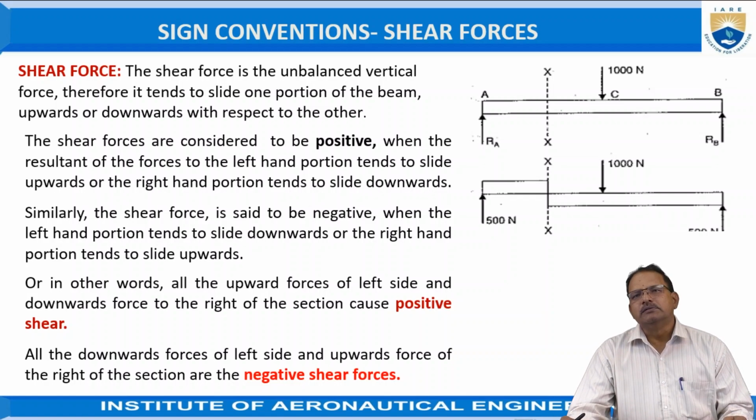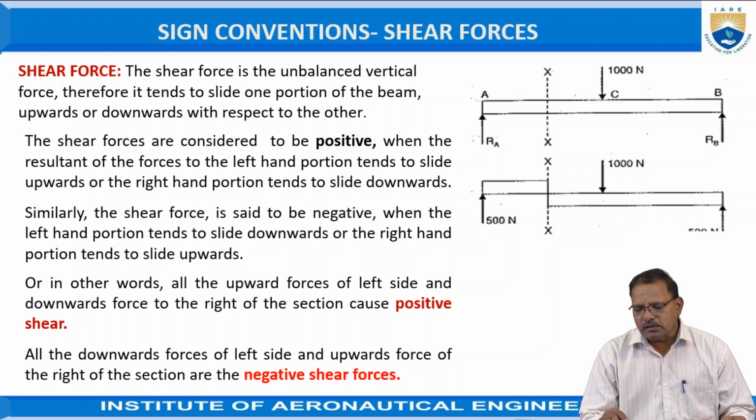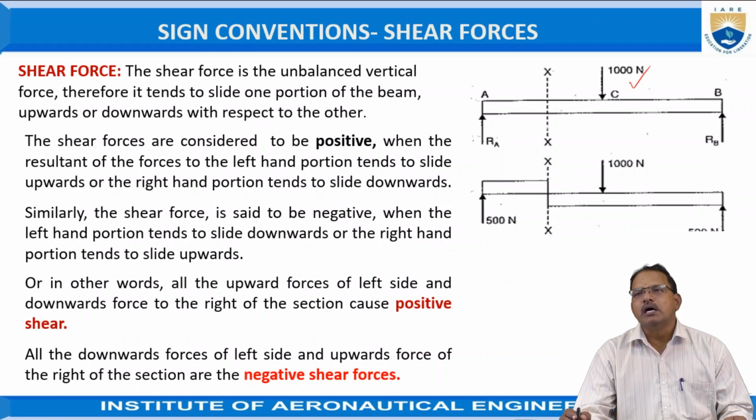It may be considered toward the left hand side or right hand side of the reference section, and generally acts upwards or downwards depending on the type of the beam. Now, as an example, we are taking a simply supported beam AB. It is subjected to 1000 newtons as shown in the figure.